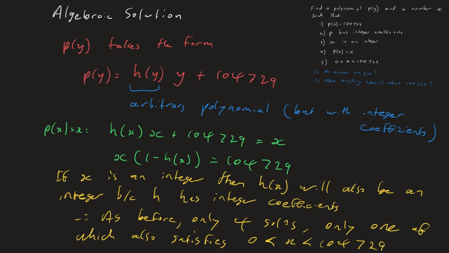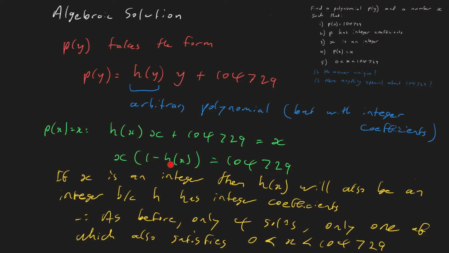These two are equivalent. The key point here is that x is an integer and all my coefficients are also integers. So in particular, at this point here, I have that x is an integer and h has got integer coefficients.